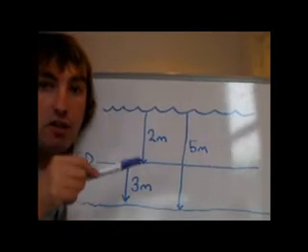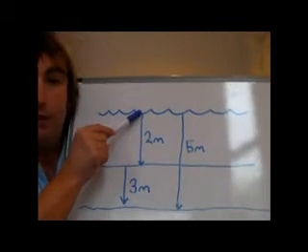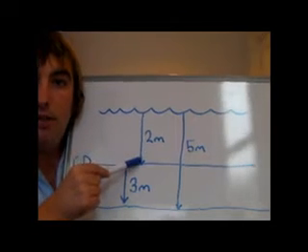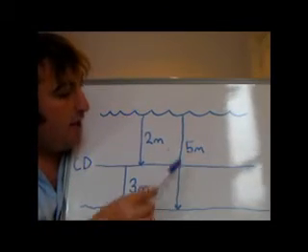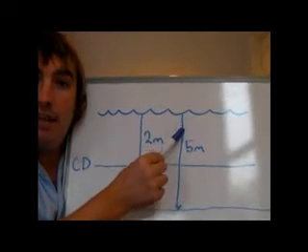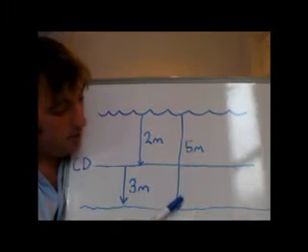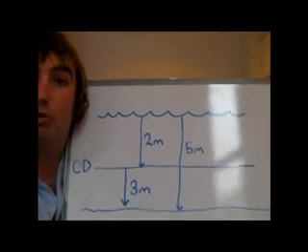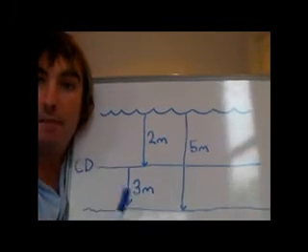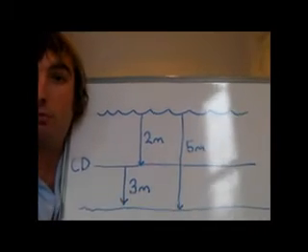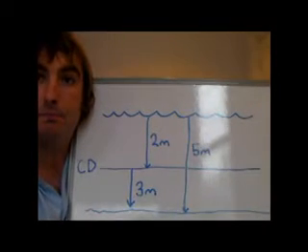So that's measured to chart datum, remember. So from the surface to chart datum, that's 2 meters. And then this line here is 5 meters total water. So at that given time, we'll have 5 meters of water in that area.